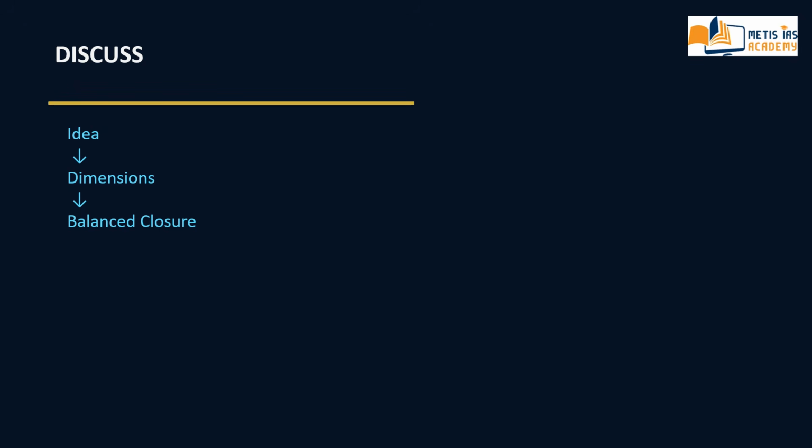When you discuss urban flooding, you have to write urbanization, then drainage, then planning, then climate and governance. What are the causes here? This is the correct approach. So that is a discussion, not only one dimension. You have to present multiple dimensions there.